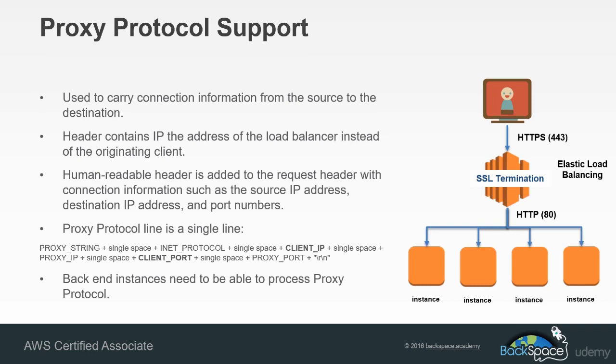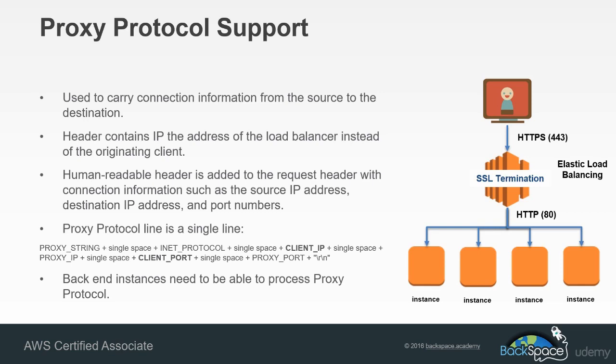So if we have a client that connects into a load balancer, the header on that request going out from the load balancer to our instances will contain the IP address of the load balancer instead of the originating client. So those instances behind the load balancer will think that request is coming from the load balancer. They won't think that request is coming from the client application in front of the load balancer.